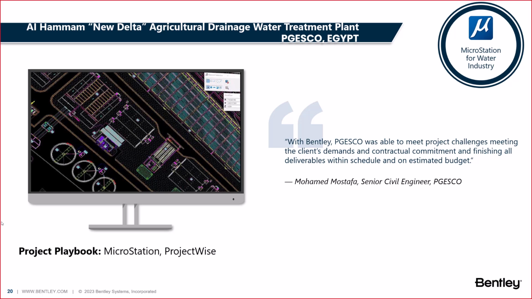So they needed flexible digital applications that could accommodate the wide scope of the project. So Resco used ProjectWise to establish an open, connected data environment, helping team members in various disciplines to manage, share, and distribute project information, making all documents and engineering drawings readily accessible as needed. Additionally, they used MicroStation for designing and drafting.